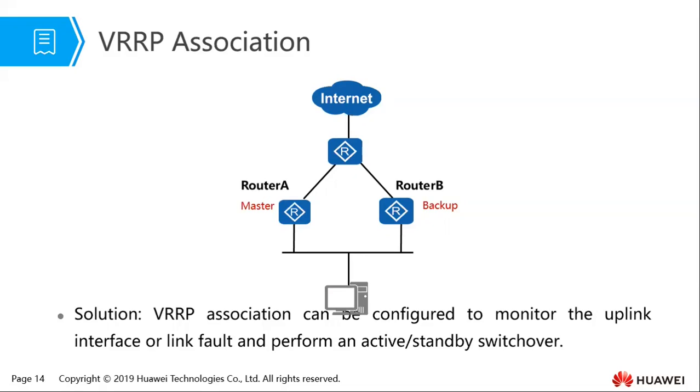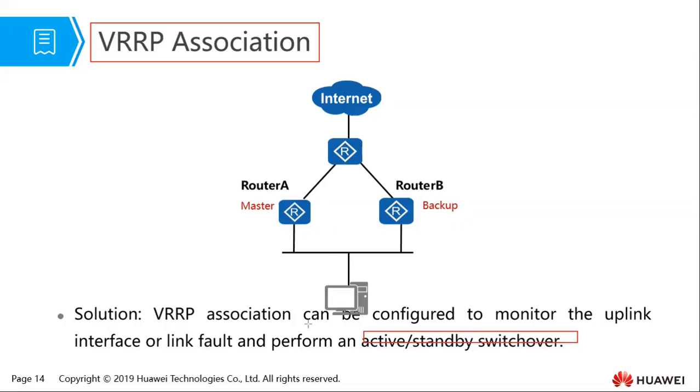We're going to look at that through what we call VRRP Association. The solution to the preceding problem is that VRRP Association can be configured in order to monitor the uplink interface or link fault and perform the active standby switchover.